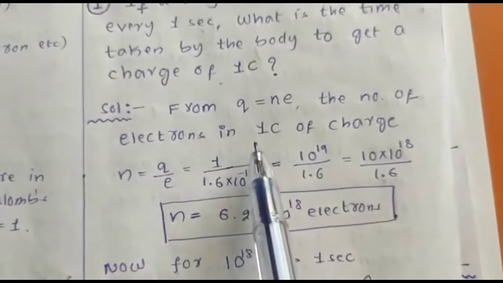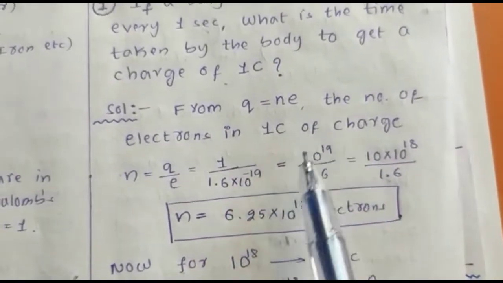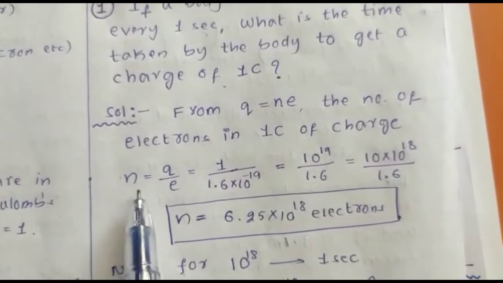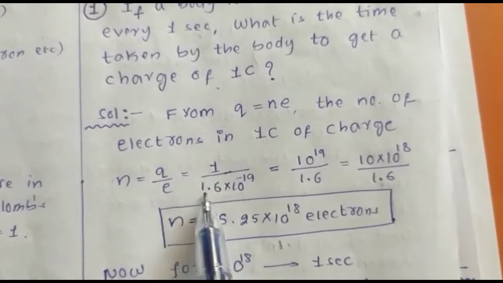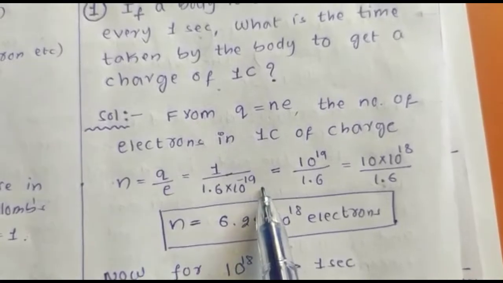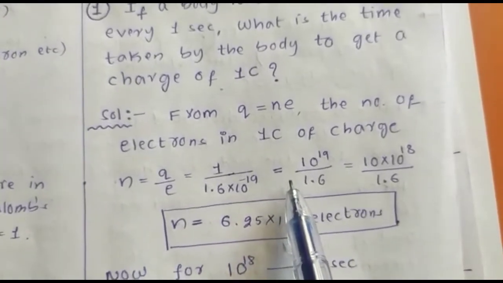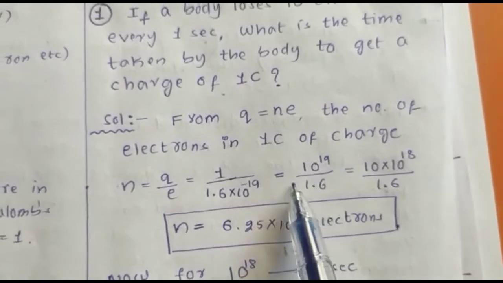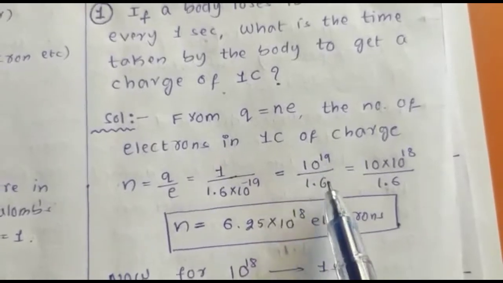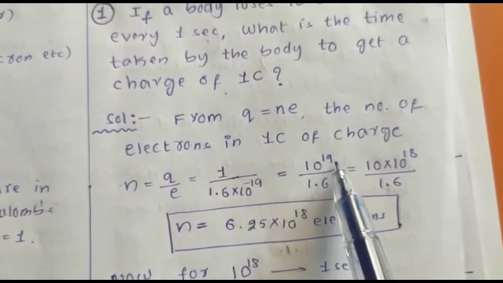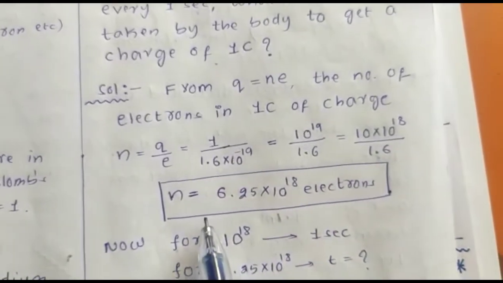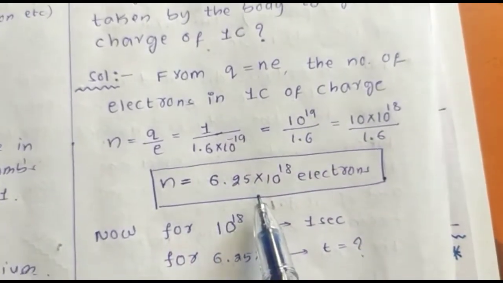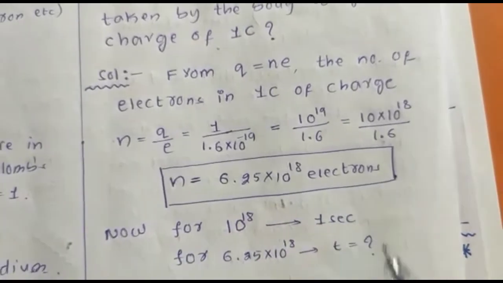From the formula Q = NE, the number of electrons in 1 coulomb of charge, N = Q/E, where Q = 1 and E = 1.6 × 10^-19. Therefore N = 10^19/1.6. After solving you will get that in 1 coulomb of charge, N = 6.25 × 10^18 electrons are present.